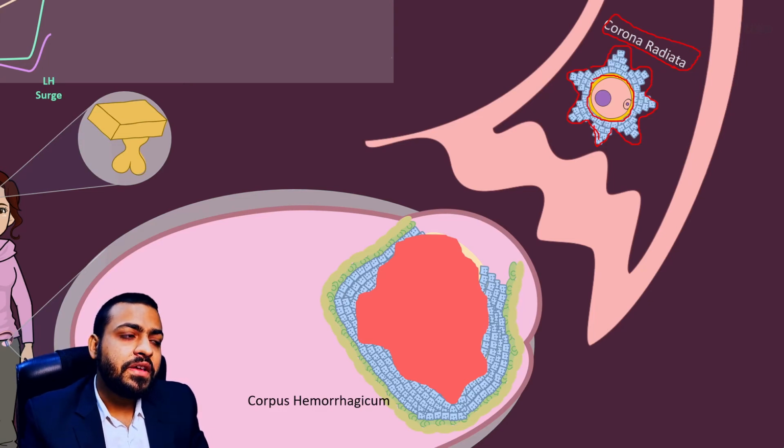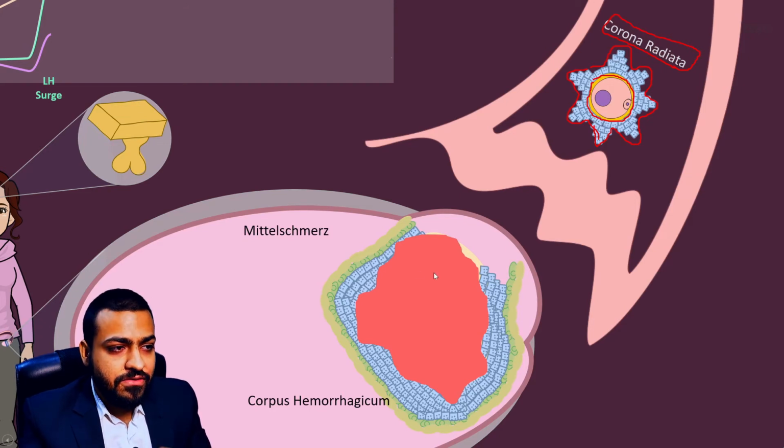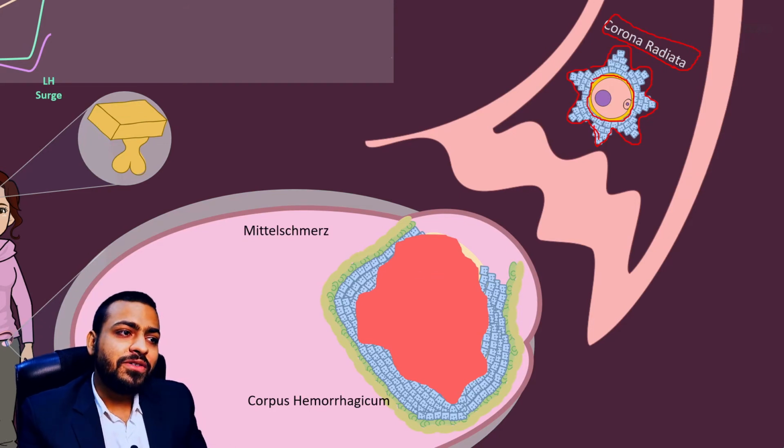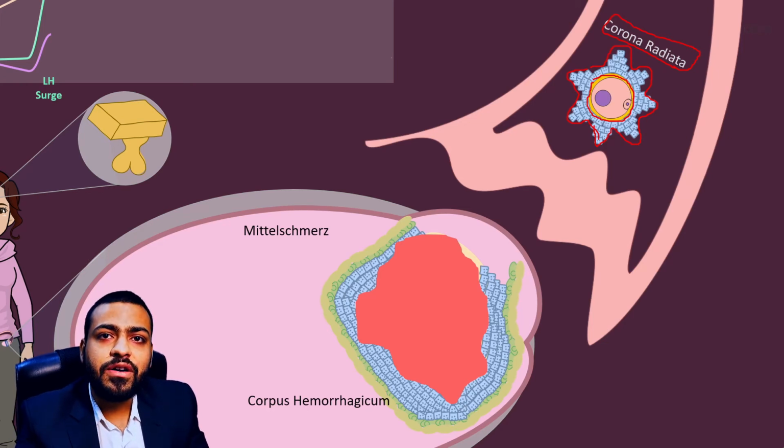But before that, here is an important concept: what is Mittelschmerz. As you must have guessed by now, you are intelligent people, this release of secondary oocyte, or ovulation, is an inflammatory process. There is a rupture of a part of the ovary.